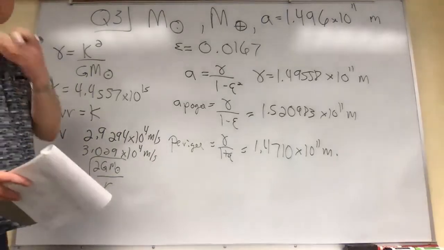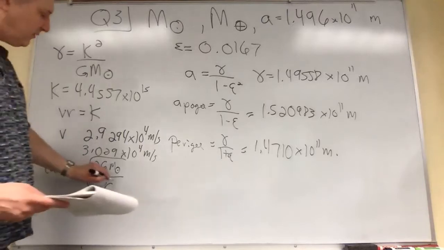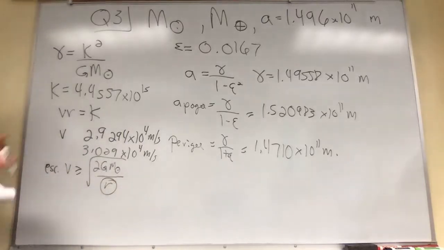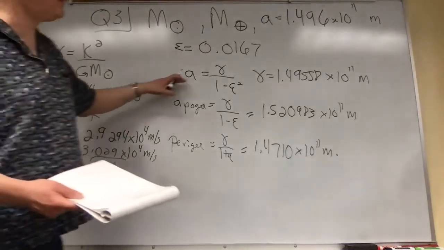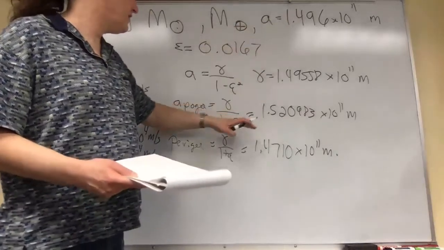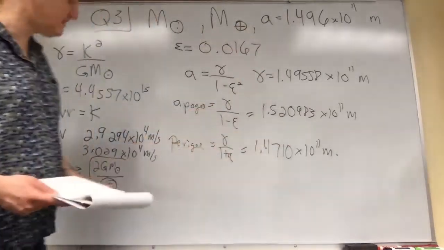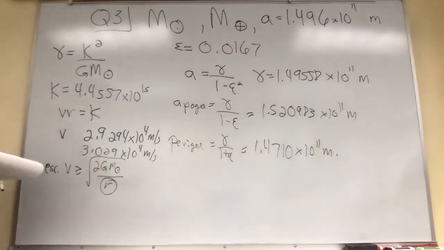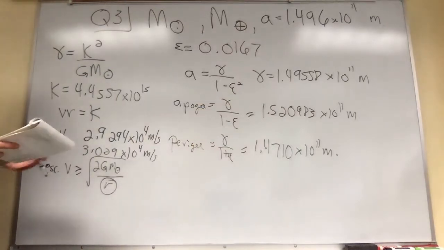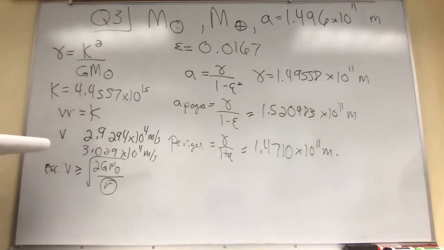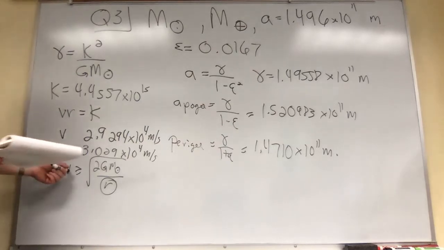And I like this. Some people said, well, all right, we have 3 different distances we could use here. We have lots of others, but we could use the mean distance, the apogee distance, the perigee distance. They all give slightly different escape speeds. And that's worth noting.